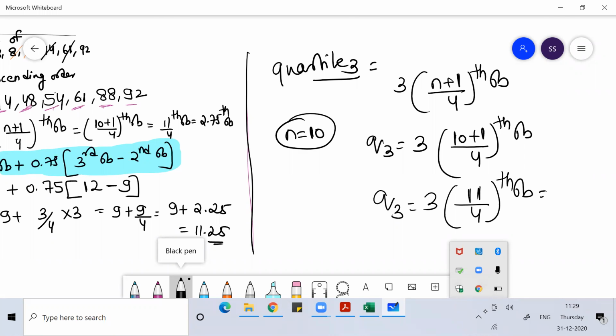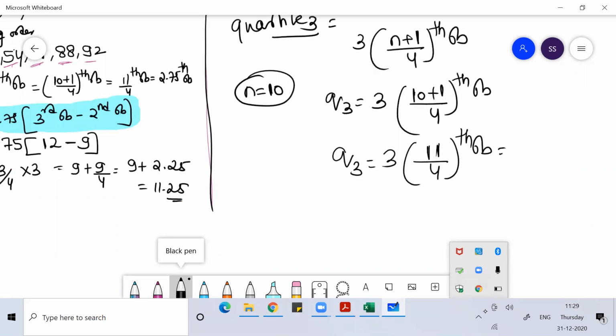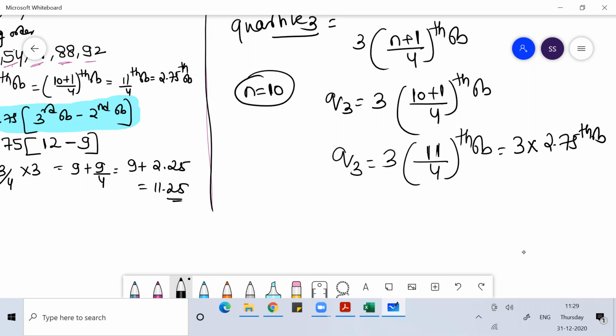11 by 4th observation is the 2.75th observation, so 3 into 2.75th observation gives the 8.25th observation.